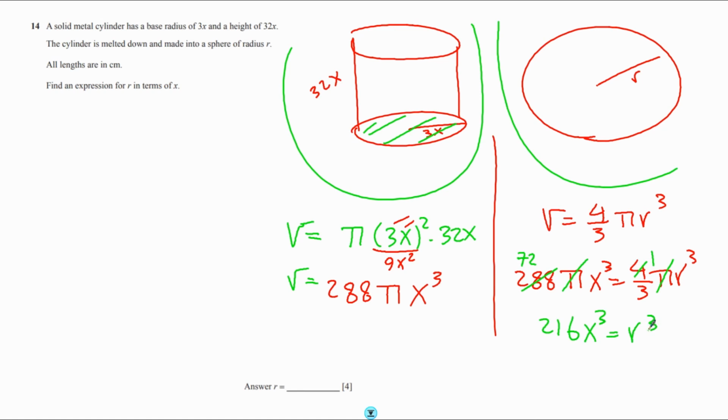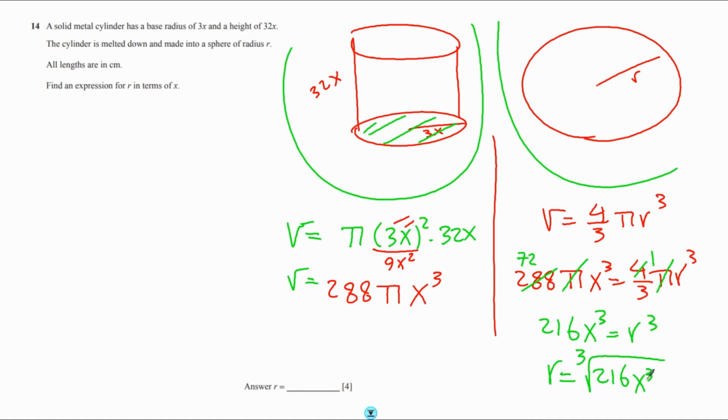If you read the question again, it says find an expression for r in terms of x. So basically what we need to do here is take the cube root of both sides. So r would be equal to the cube root of 216 x cubed. We know that the cube root of x cubed is x.